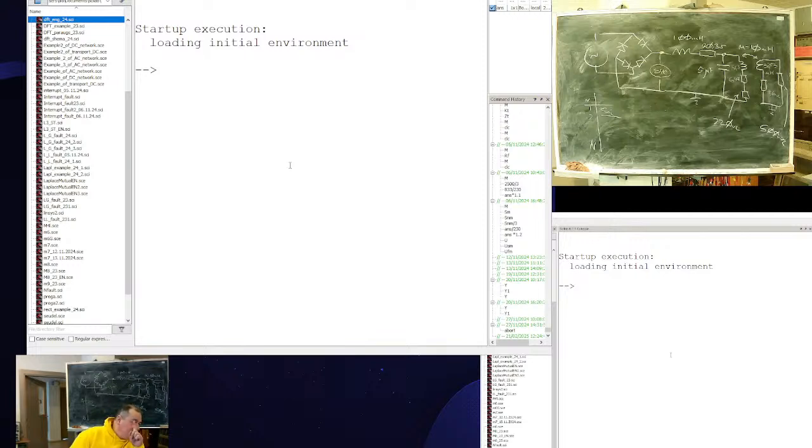I will have 720 points per period. A is 10 multiplied by SQRT of 2. Now I need to fill my signal table.